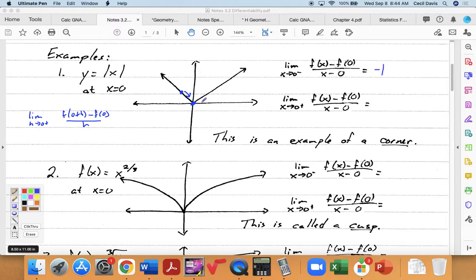And then over here, as these points approach 0, what are all the slopes? 1. Therefore, the limit as x approaches 0 of f of x minus f of 0 over x minus 0 does not exist.